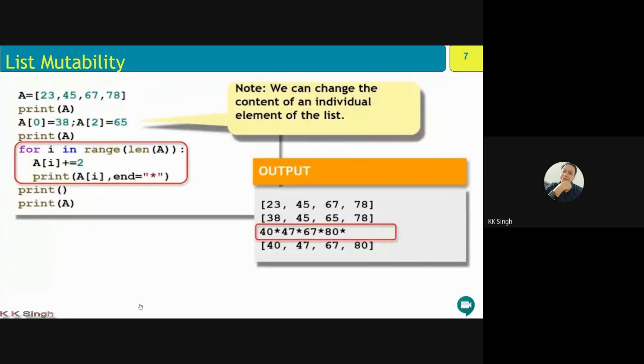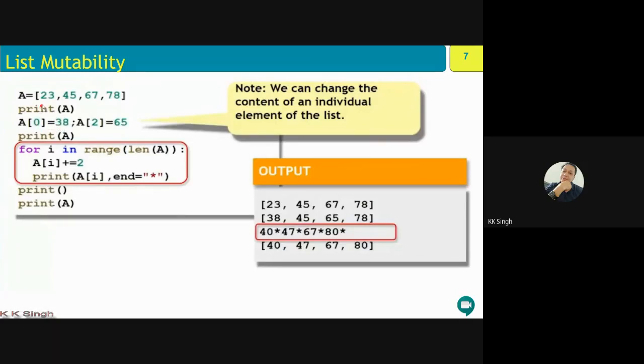So see here, I take a list like 23, 45, 67, and 78. When you say print A, it will print 23, 45, 67, and 78 as usual. But in the second step, I modify the value of index 0.